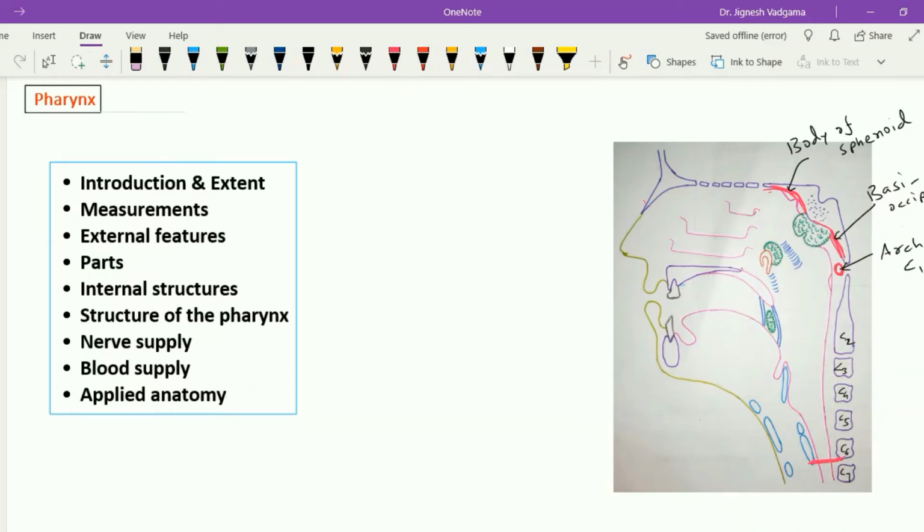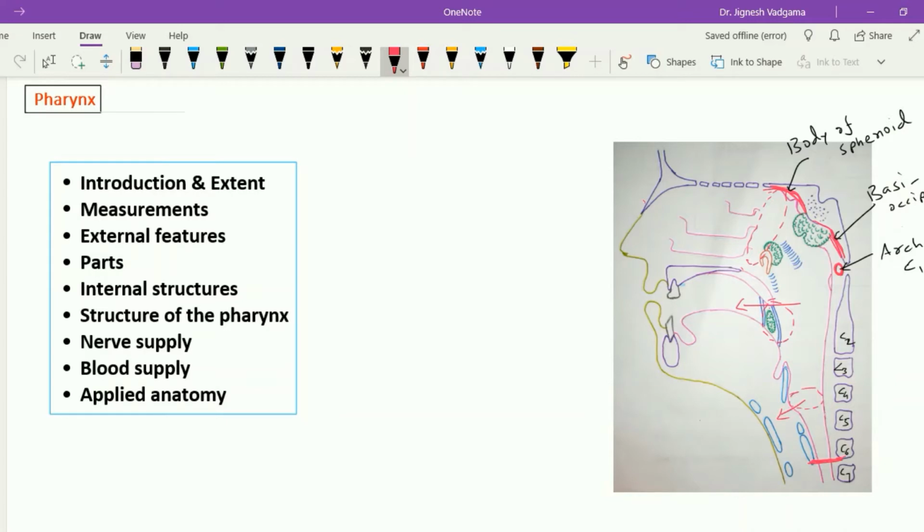below this level it is going to continue with the esophagus. In front, this pharynx is going to communicate with the nasal cavity through the choana, that is the posterior nasal aperture, with the oral cavity through the oropharyngeal isthmus, and with the larynx through the laryngeal inlet.